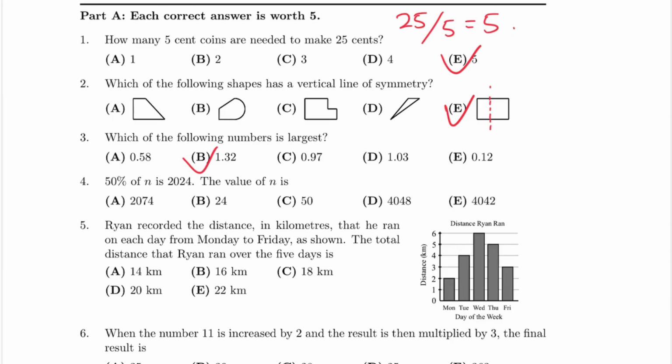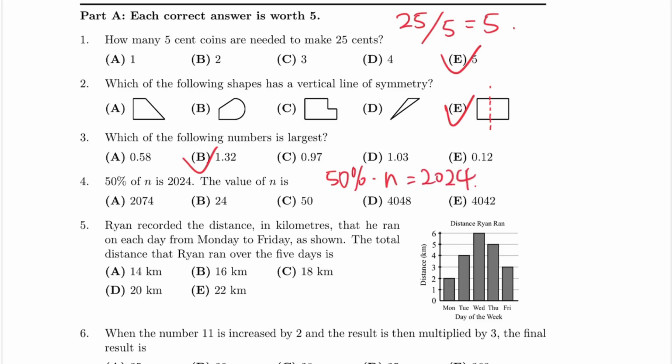So number 4, 50% of n is 2024. The value of n is, okay, so we can use the equation. 50% times n equals 2024, right?